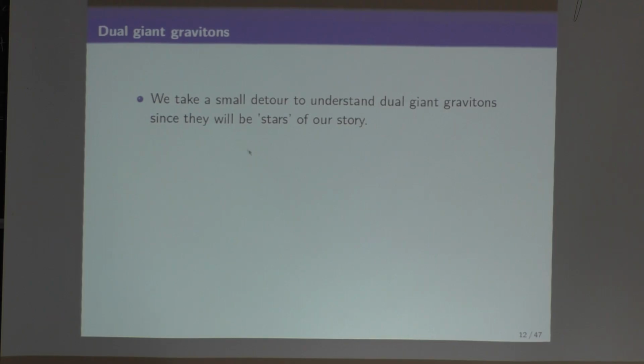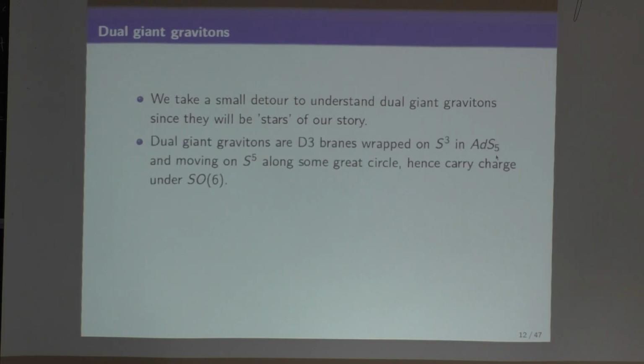So I'll take a small detour to give a basic introduction to dual giant gravitons. Dual giant gravitons are D3 branes which wrap an S3 in AdS5. So they are at some particular radial distance in AdS5, and they are point-like particles on S5 and they move along some great circle on S5.